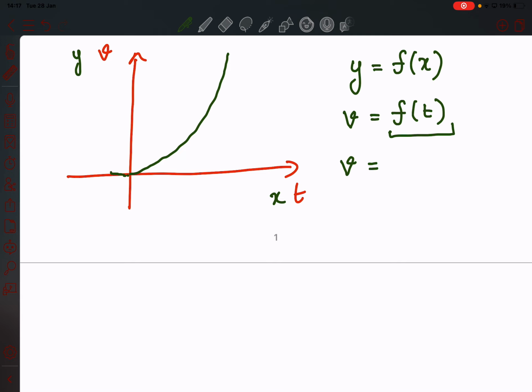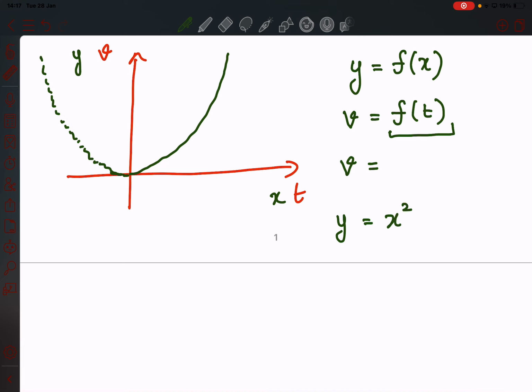What expression would I write here? The equation of the line. And what is the equation of this one? T squared. Now imagine from GCSE, if I had given this question to you without the y and the x, and asked you what is the equation of the curve, you would have said y equals x squared.